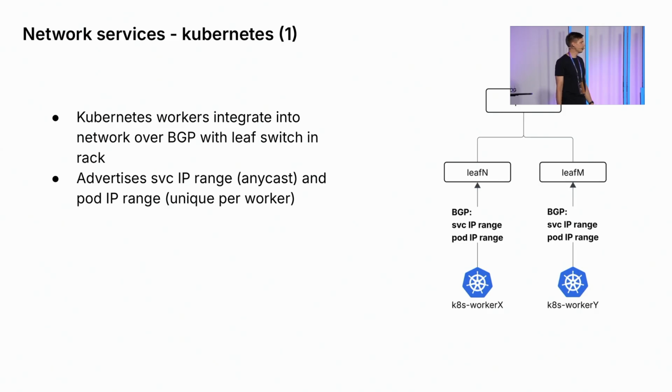The SVC IP range is an Anycast range, the same advertised from all the workers in the same cluster, and the pod IP range is unique per worker and is assigned to pods inside that worker. In case you are accessing some service in Kubernetes using its service IP, the traffic gets routed first to the closest Kubernetes worker, and then Kubernetes does its magic to load balance the request to the worker that hosts the pod serving this.